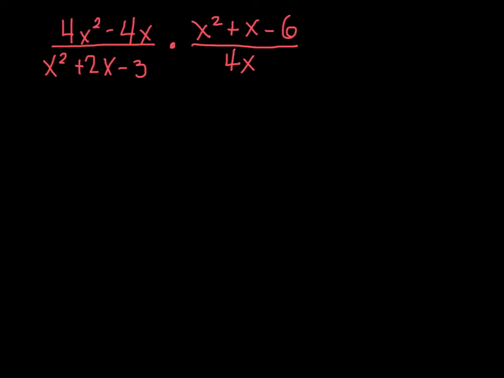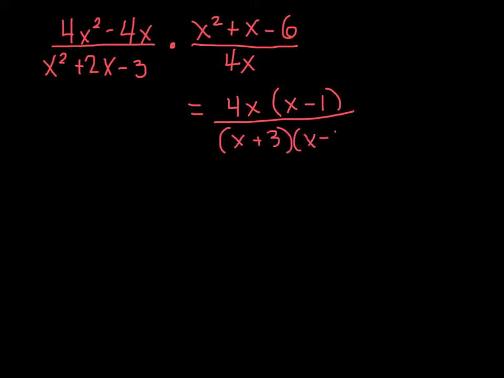For this first one, I can take out a 4x, which will leave me x minus 1. And in the bottom, that will factor as (x plus 3)(x minus 1), multiplied by (x plus 3)(x minus 2), and it's all over 4x.